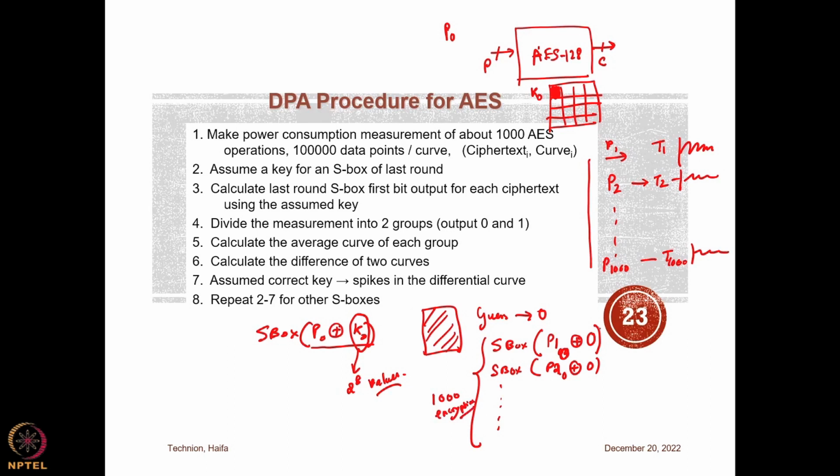And now I observe the LSB of these bits. If the LSB is 0, I take the corresponding trace T1 and dump it into the 0 bin. If the LSB is 1, I take this T1 trace and put it into the 1 bin.